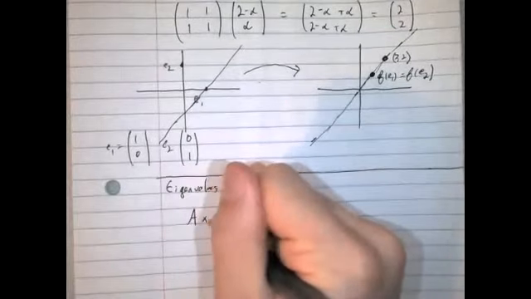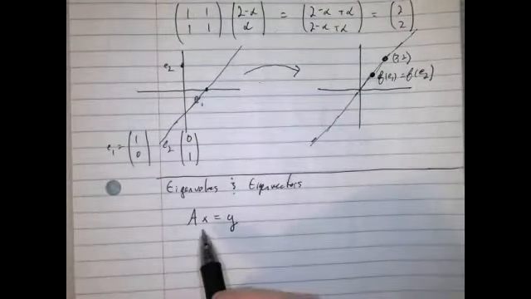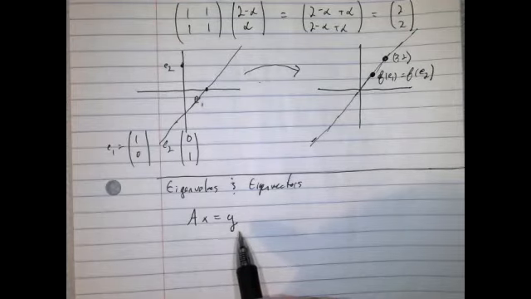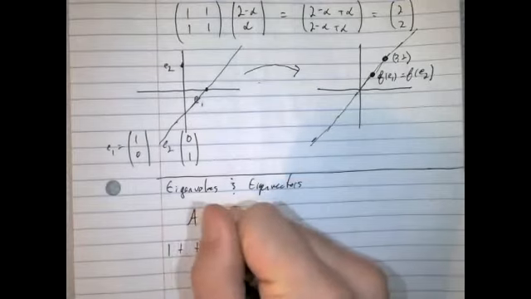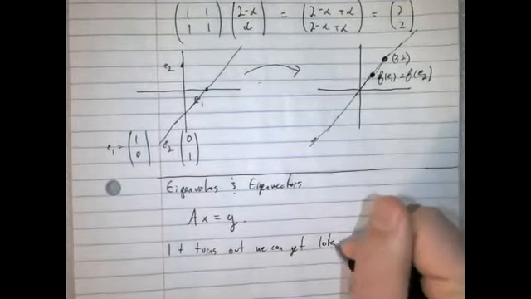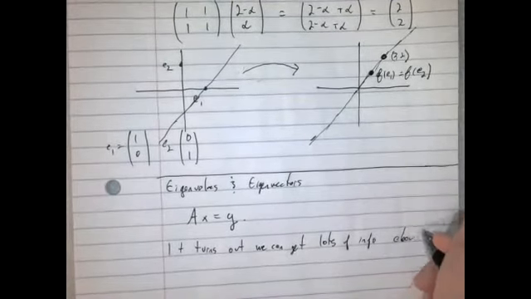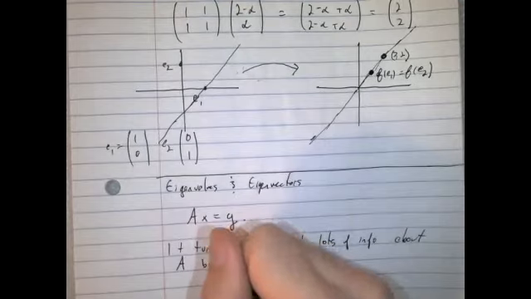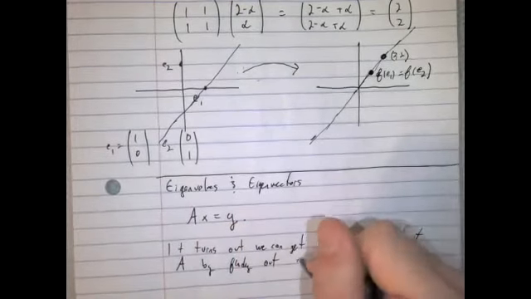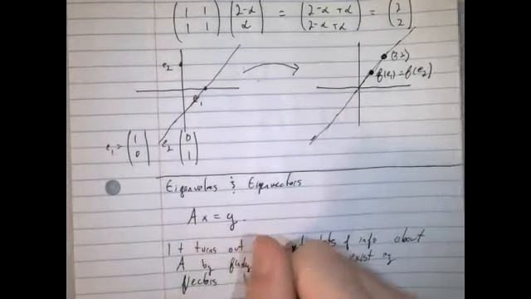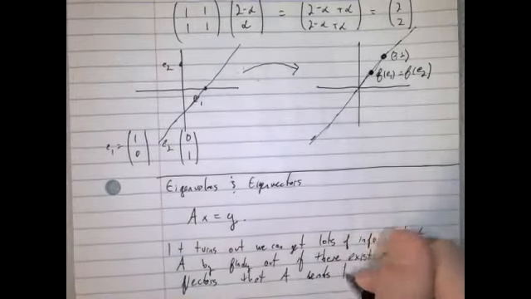So when we write AX is equal to Y, then we think of this as finding a vector X such that the matrix A, or the linear transformation A, transforms this vector X into the vector Y. It turns out we can get a huge amount of information about A by finding out if there exist any vectors that A sends to a multiple of themselves.